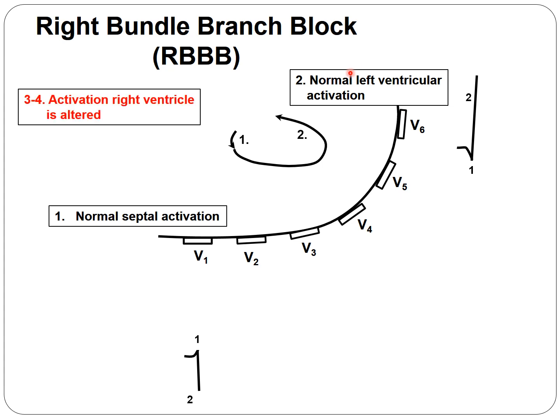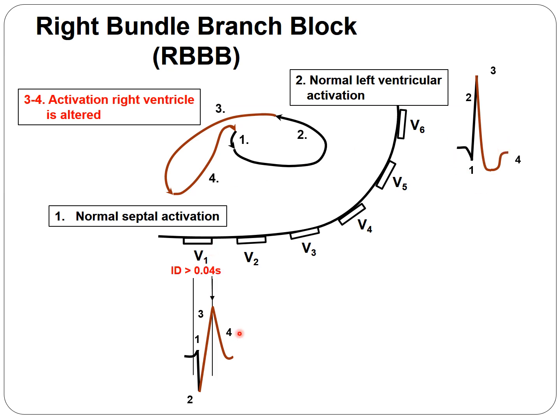The right ventricle is activated from the left ventricle, and because it's a slow activation, a bigger impulse is generated. This is why in V1 we have a tall, wide R wave, and in V6 a deep, wide S wave.